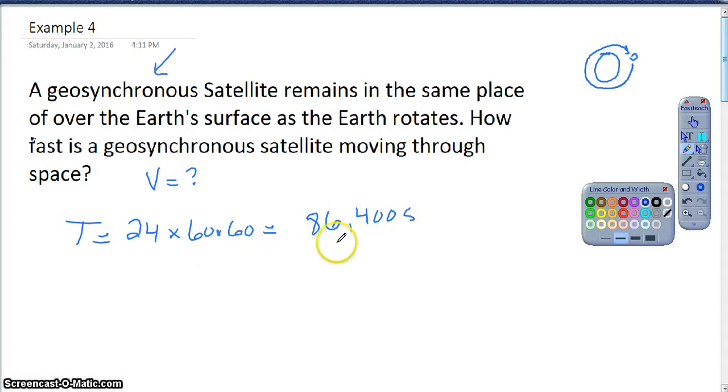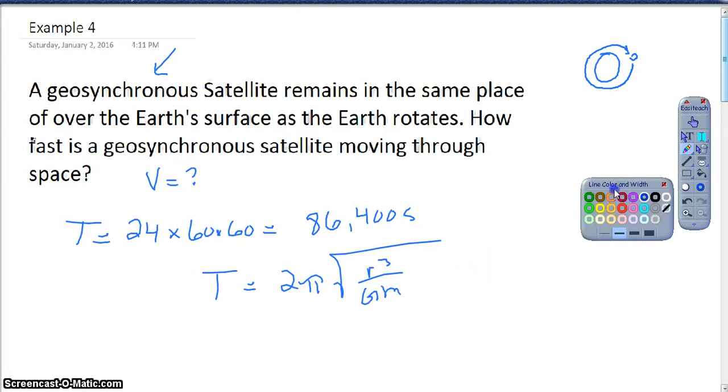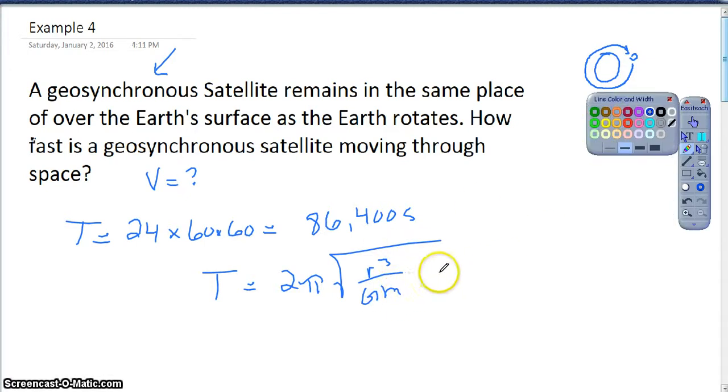So the question becomes, okay, what can this help me solve? Well, if I think of the period formula, it'd be 2 pi times the square root of r cubed over GM, right? So I've got that. I'm also going to have to go back and reference the mass of the Earth, right? So we saw that in a previous problem.